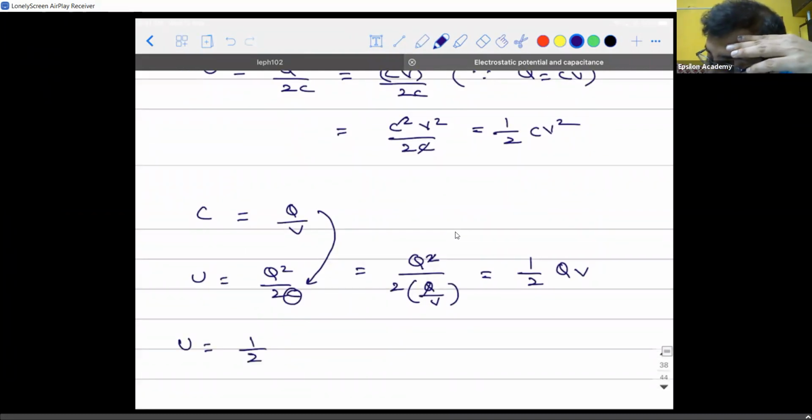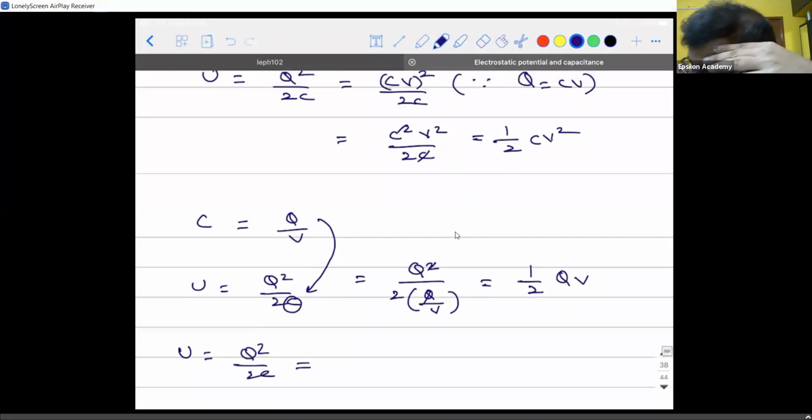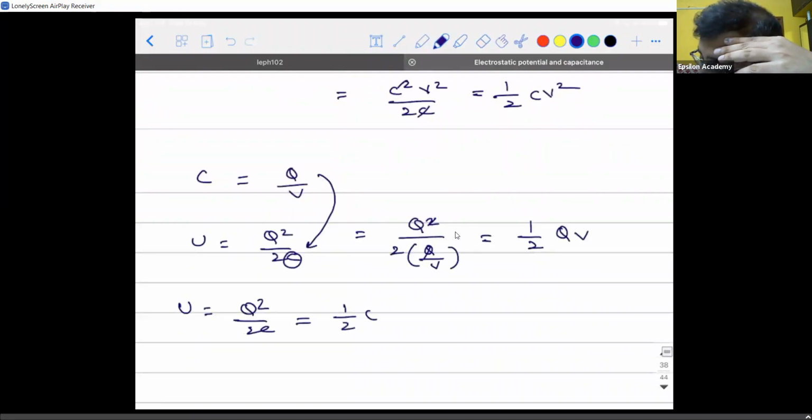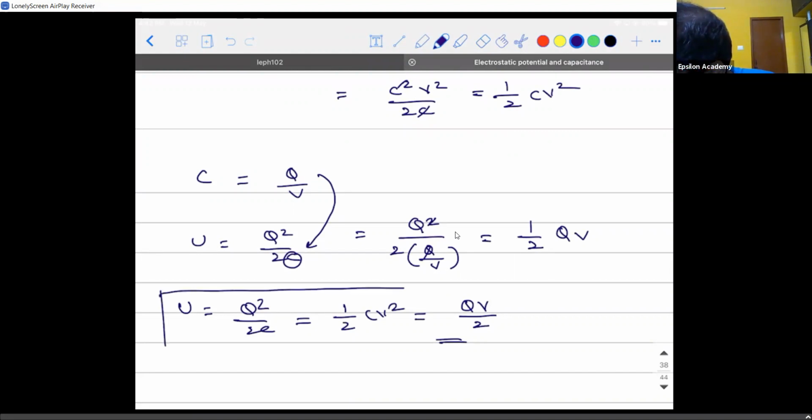U is equal to Q square divided by 2C, or this is equal to half CV square, or this is also equal to QV divided by 2. Okay, so these are all the values of energy across the parallel plate capacitor.